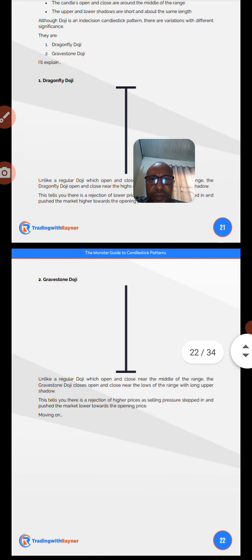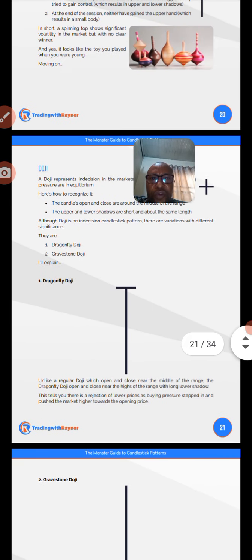A doji can occur in various different forms. You can see the one that looks like a plus, and this one that you see is called a dragonfly doji. Dragonfly doji usually occurs at a discount area, meaning at the support area.